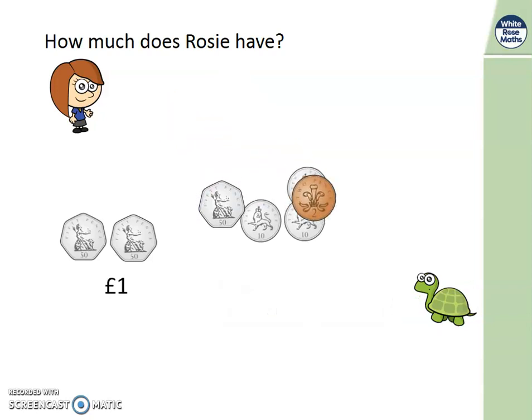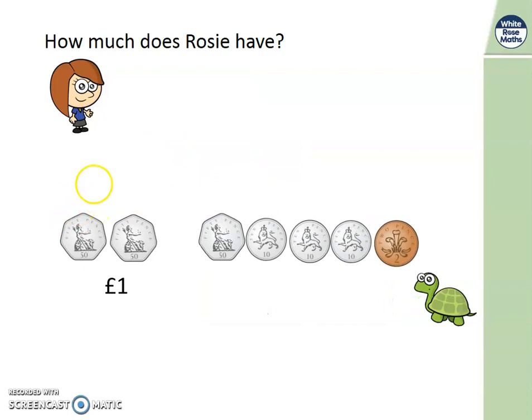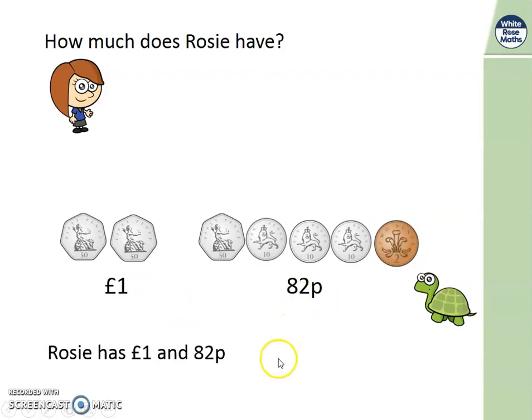Let's do that. And I've got a 50p, add 10 is 60, add 10 is 70, add 10 is 80, add 2 is 82p. So we have £1 and 82p. That's how much Rosie has. Or we could also say that as 182p.